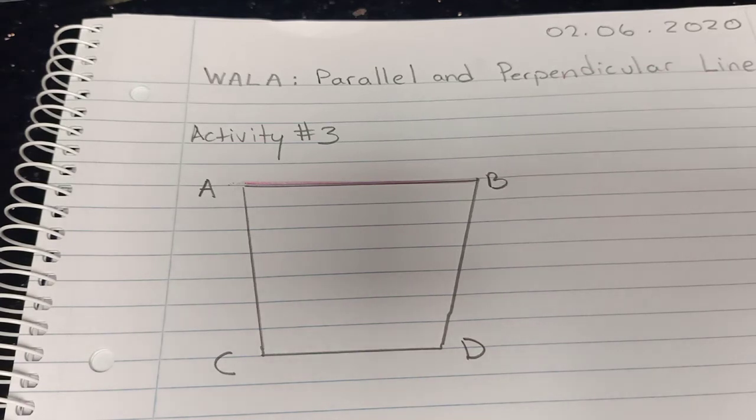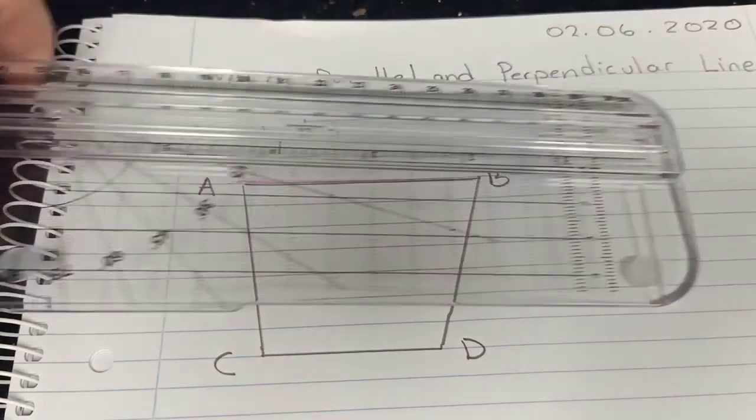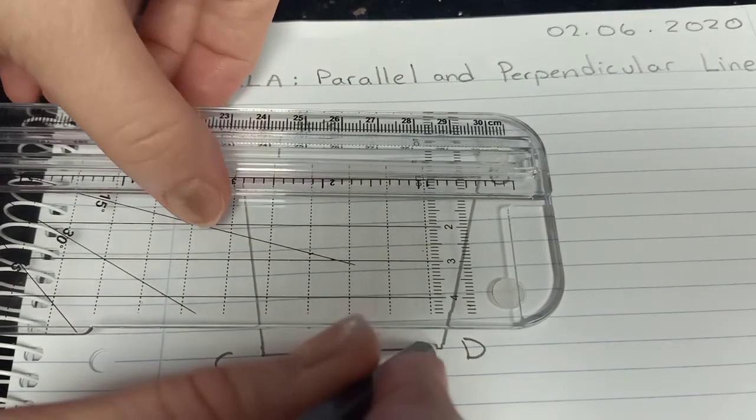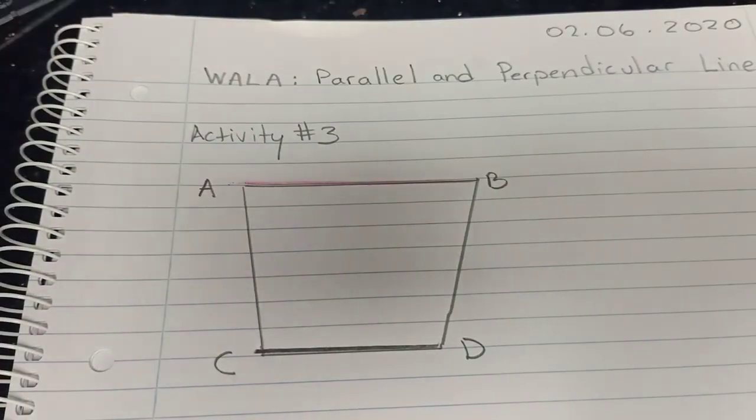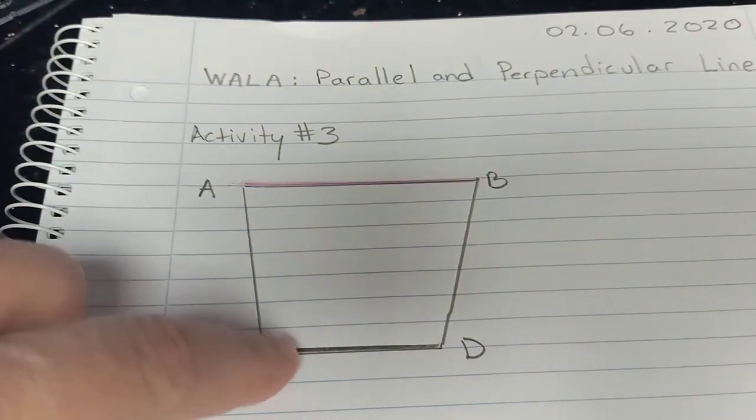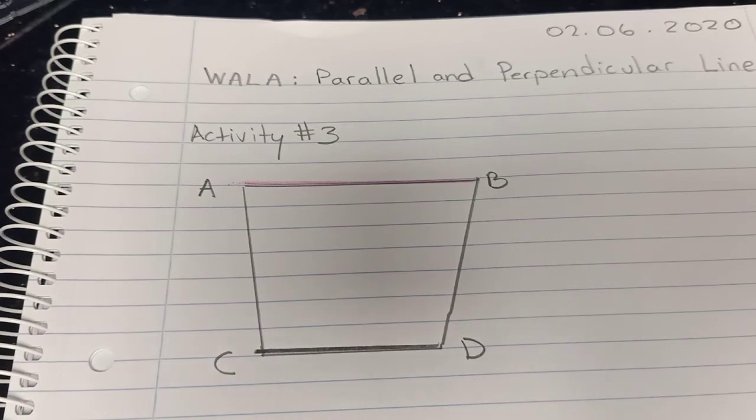Okay, so AB is here, and then where is line CD? Of course it's at the bottom. So this is line CD, and now it's black. And the question is, are the pink line and the black line parallel? If you know that parallel lines never meet, what will you answer? Will you say yes or no? I hope you said yes, those two lines are parallel.